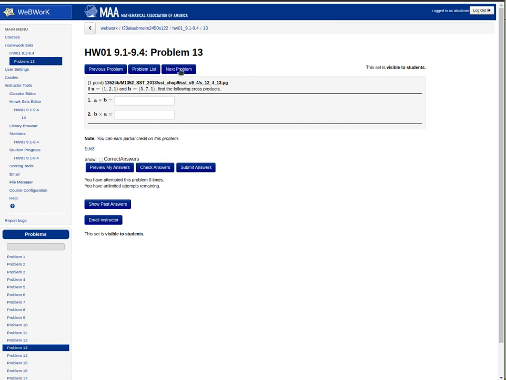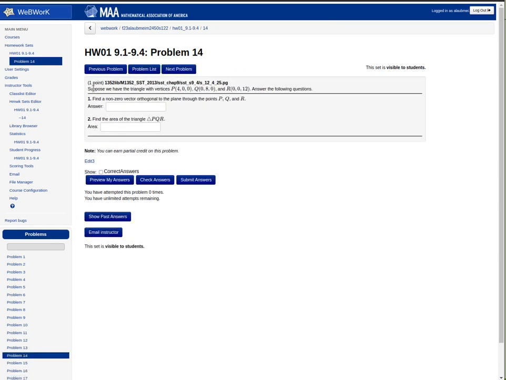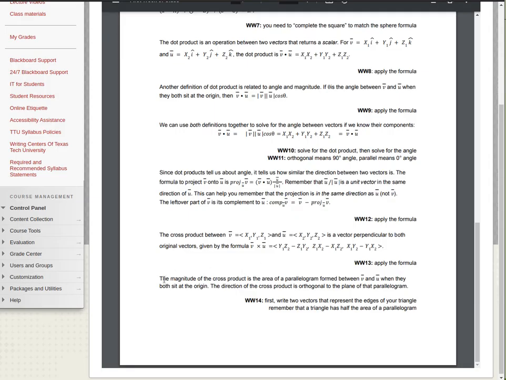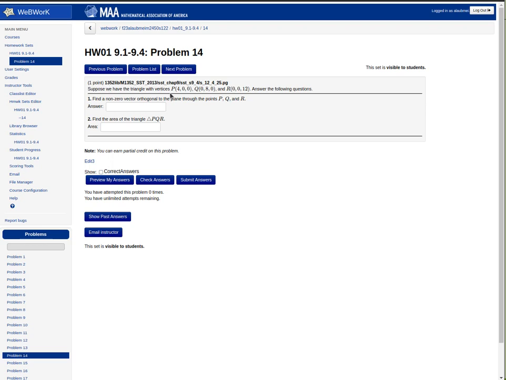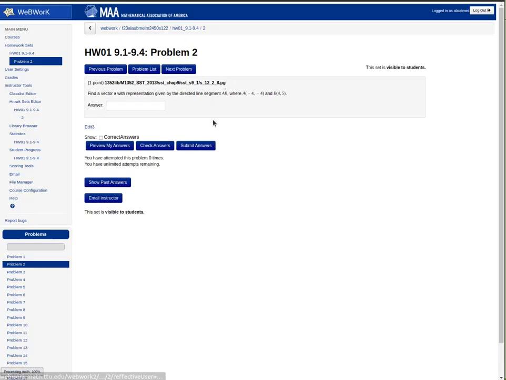And then problem 14 is an application of the cross product. So right here on your worksheet, it tells you the magnitude of the cross product is the area of a parallelogram formed between two vectors. Here you're going to be given vertices, and your first challenge is going to be to make some vectors between those vertices. That's going to take you back to problem 2, I think it was.